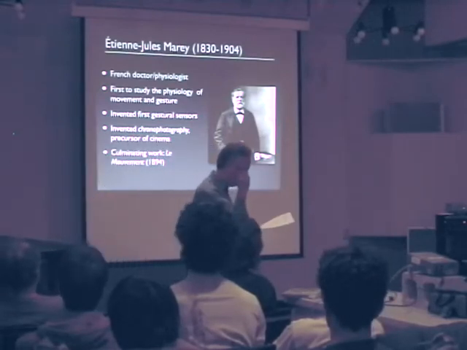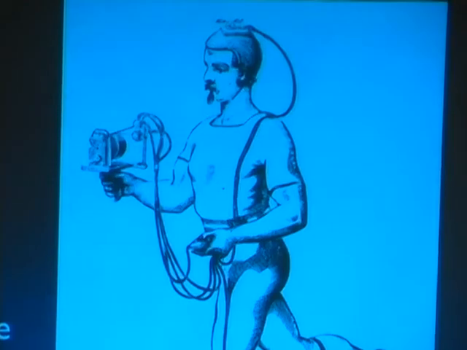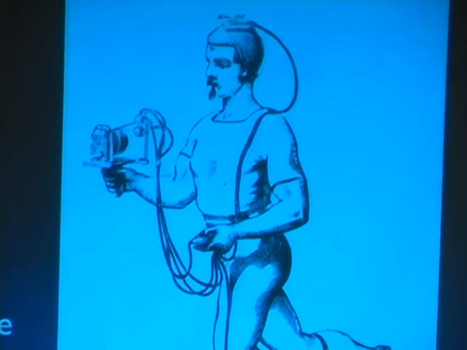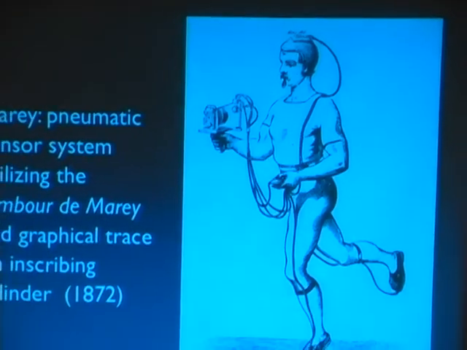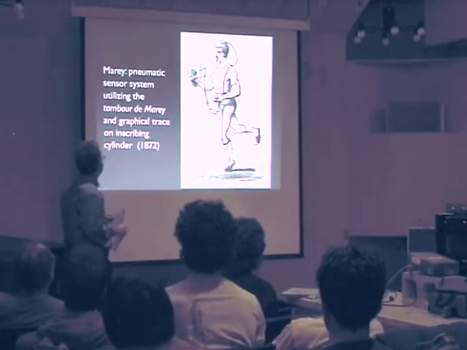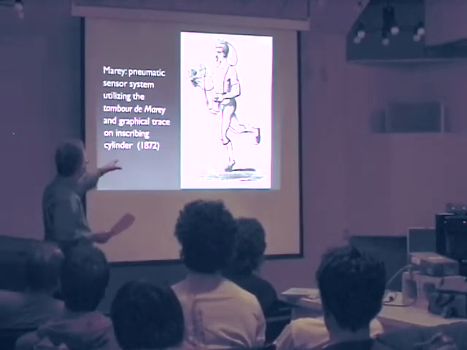It's a small drum that has rubber on each side, and tubing goes into one side, and variations in air pressure through the tubing make the other membrane flex. So what you could do is attach a stylus to that other membrane, and then you get an inscription by varying the air pressure.